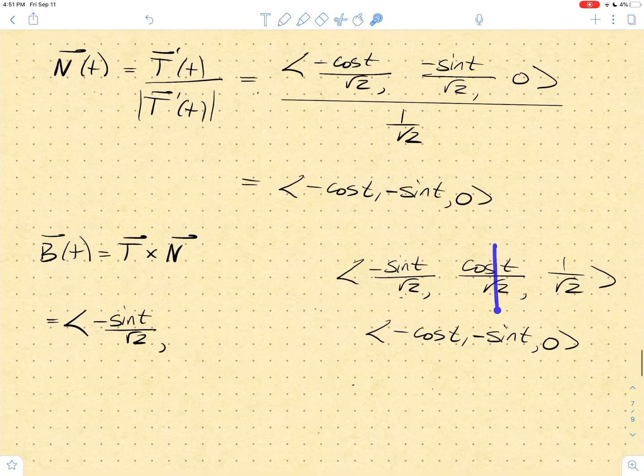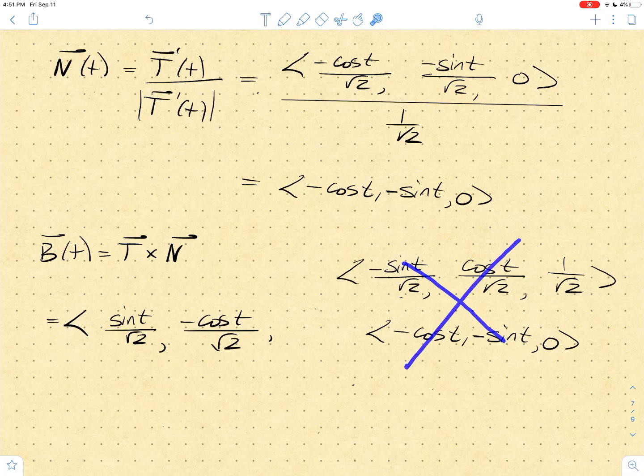Then for the second one, we hide this one, and minus and minus makes a plus, but then it's minus again. So we get minus cosine t over root 2. Hang on, I think this sign was supposed to be positive. Yeah, 0 minus minus makes a plus, so this should be positive. Hopefully you caught that on your own. Minus cosine t, and then we hide this one, so we get sine squared over root 2 minus minus plus cosine squared over root 2. Sine squared plus cosine squared is 1, so I get 1 over root 2.